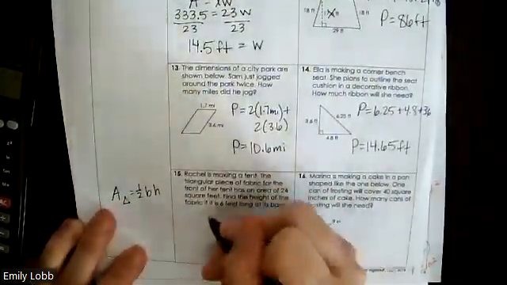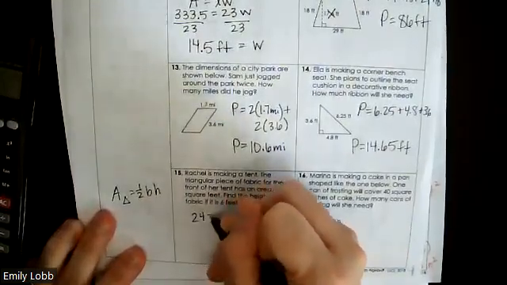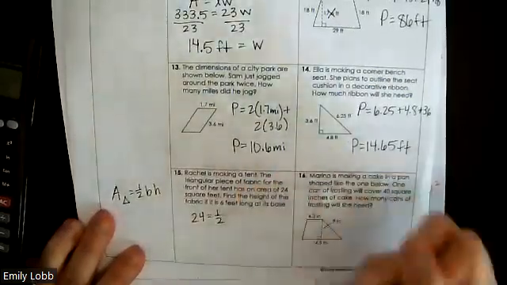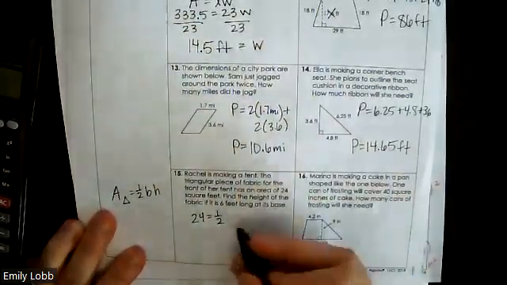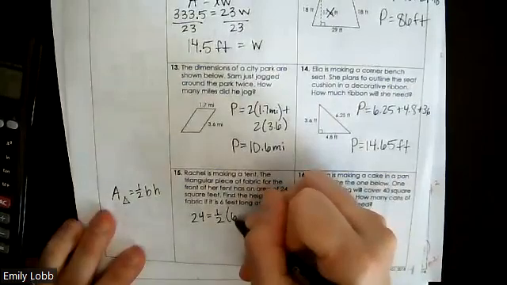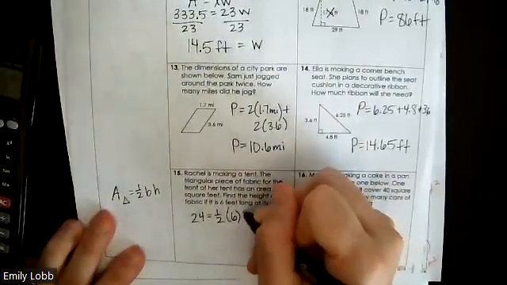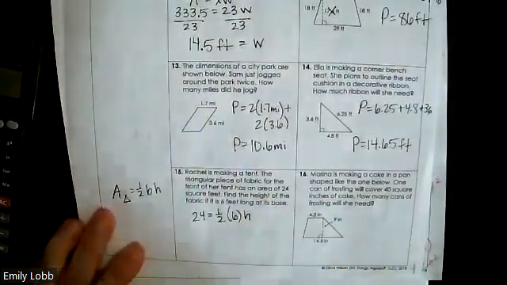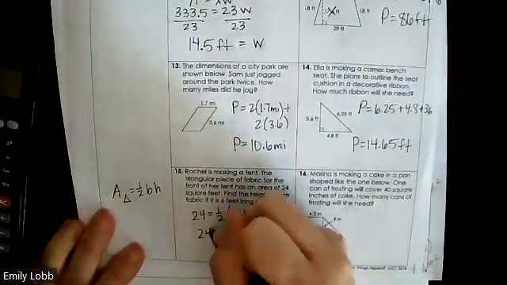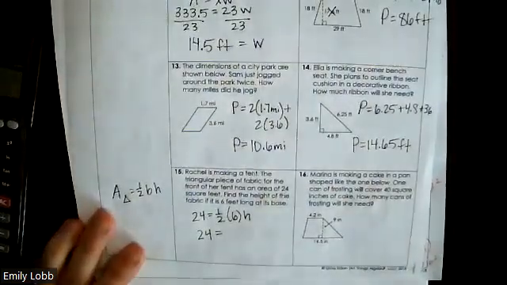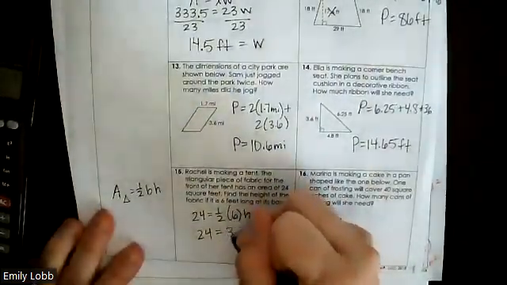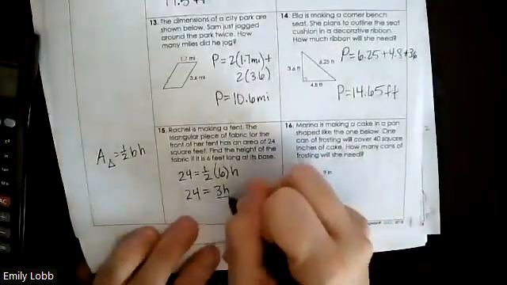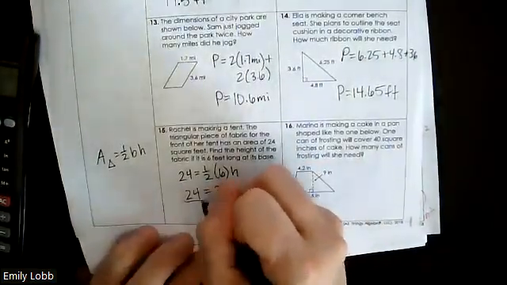So here we know the area is 24, and that equals 1/2 times the base, which is 6, times the height. So what's half of 6? 3. So 3 times the height is equal to 24. So what must the height equal?